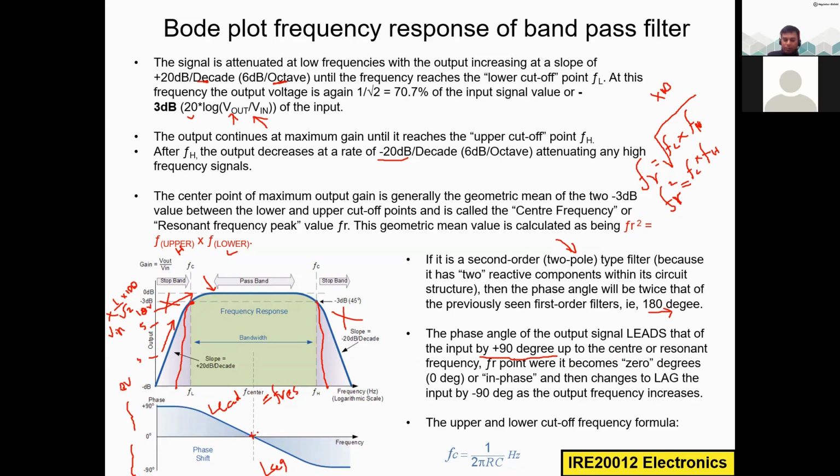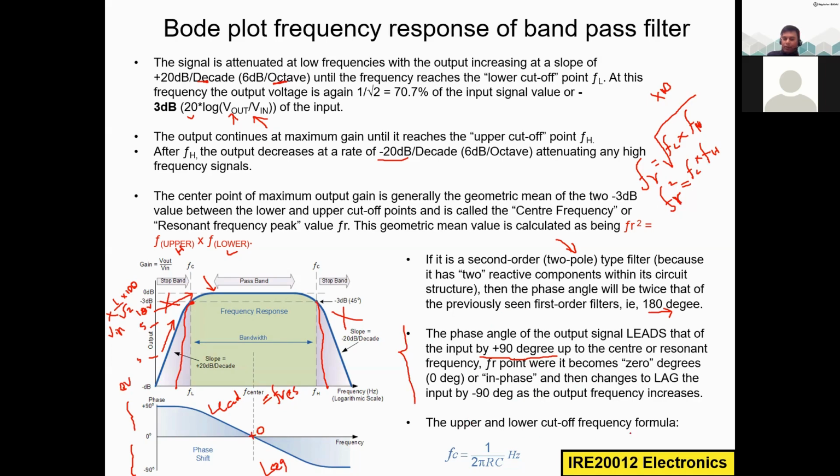After this resonant frequency, the phase angle goes in the opposite direction, so it's going to lag 90-degree. You can just read this paragraph. So this is 90-degree leading, 90-degree lagging, and at the center frequency the phase angle is 0.